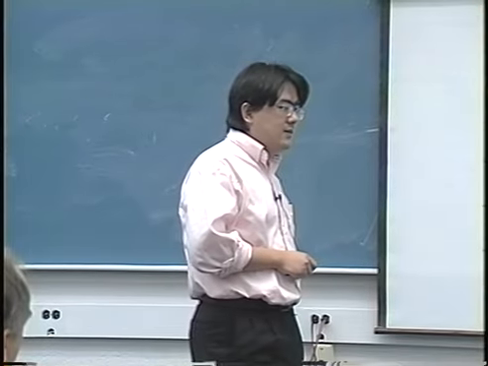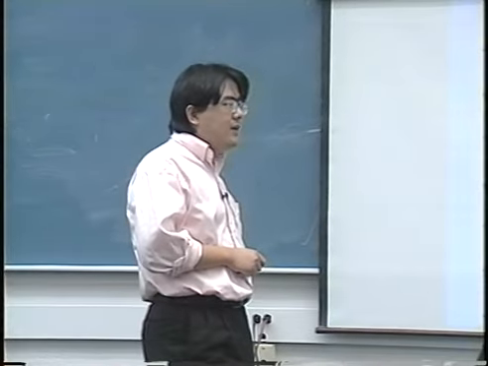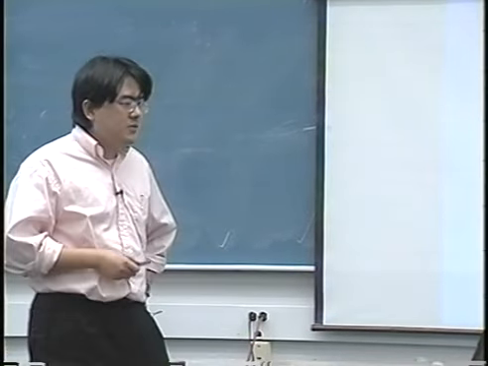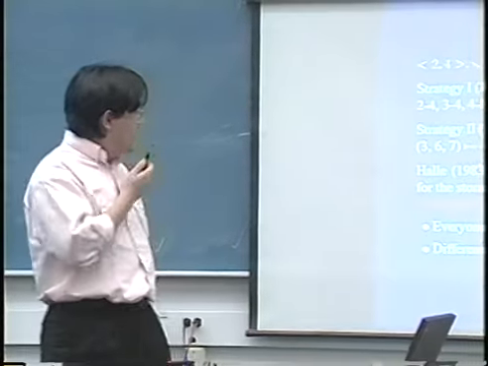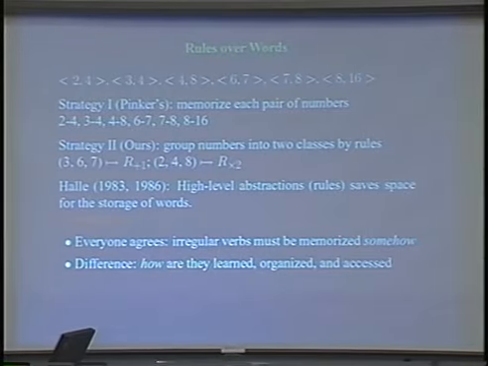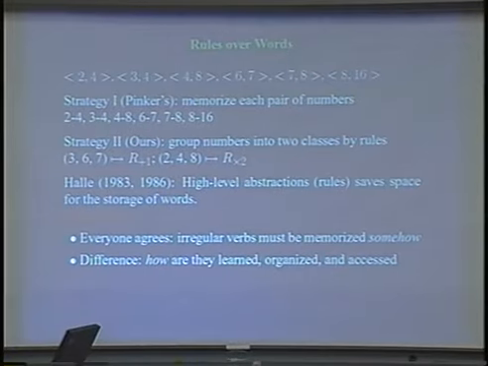Because they are not unique. Because there are semi-regular processes going on, and there's a model of how to extract that regularity. So this work is inspired by Morris Halle's suggestion that higher level abstractions, or sometimes rules, are needed to save space for storage of words. If things are totally unrelated, you're going to store them as they are.